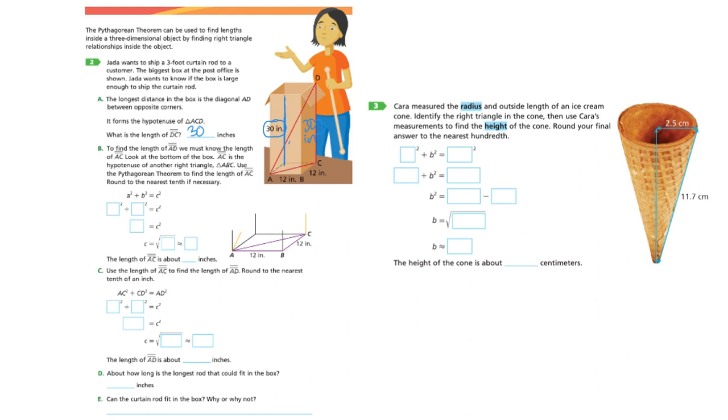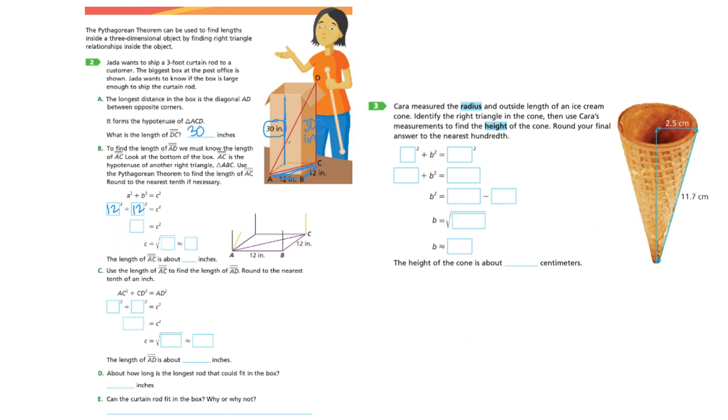And so then it says to find the length of AD, this hypotenuse that we're looking for, we must know the length of AC, this here on the bottom. That's what they are telling us, because that's the diagonal of the bottom of the box. We know the two sides are 12 by 12, so that should help us find that diagonal AC. So if we know that AC is the hypotenuse, we can use 12 squared plus 12 squared equals C squared.